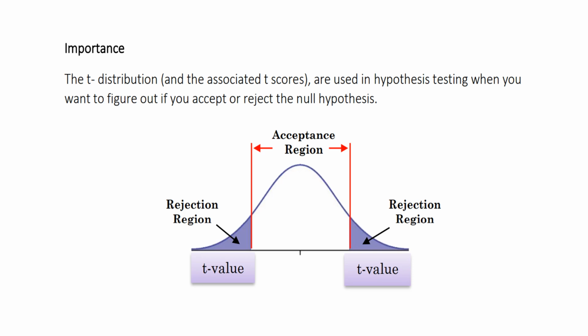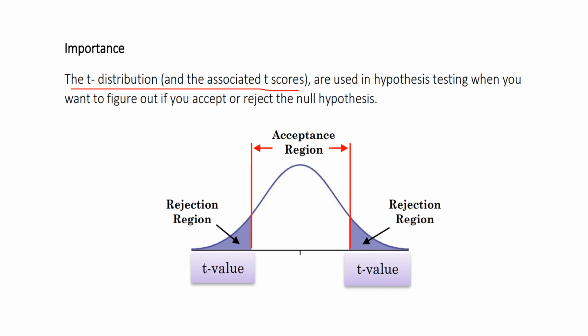The t distribution and the associated t scores are used in hypothesis testing when you want to figure out if you accept or reject the null hypothesis. Using the values of your confidence interval and your degree of freedom, using your t table, you can look for the value of your critical values.